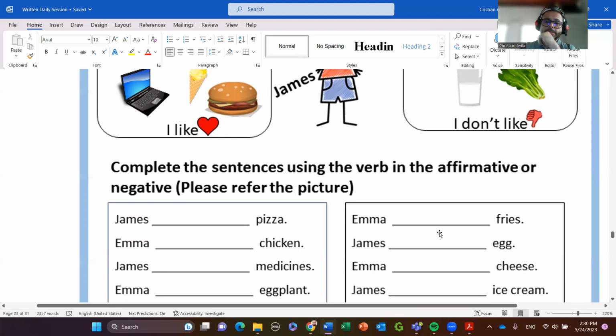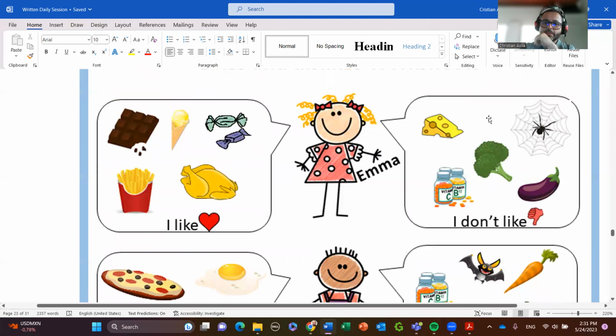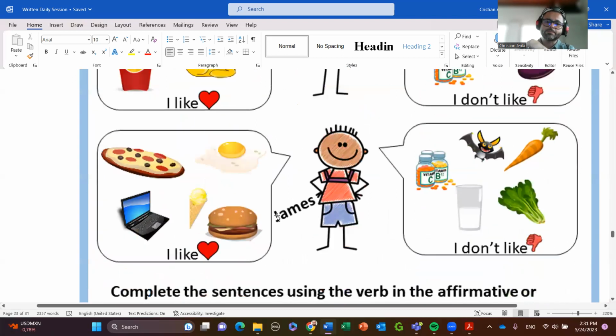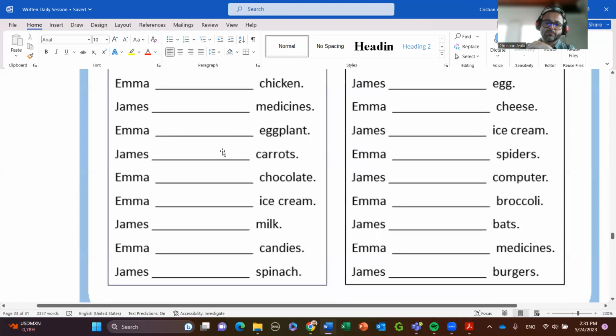What about Emma and fries? So we have to look for Emma. I don't see fries here, but I see the fries on this side. So again, it's positive, and I will say Emma likes fries, or I can say Emma likes to eat fries as well. Okay, and that's what you have to do.